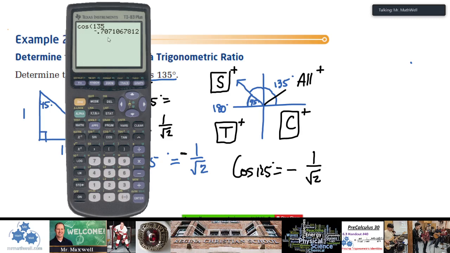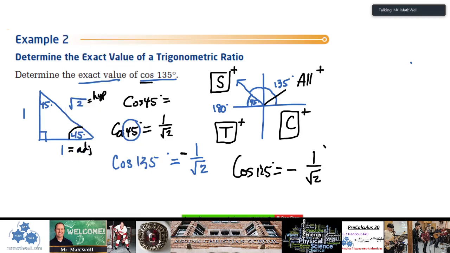Again, this wouldn't be good enough for this question. But let's figure out what negative 1 divided by the square root of 2 equals. And look at that, exact same as far as the number of decimals are concerned. So we've got this right. This is the exact value for the cos of 135.